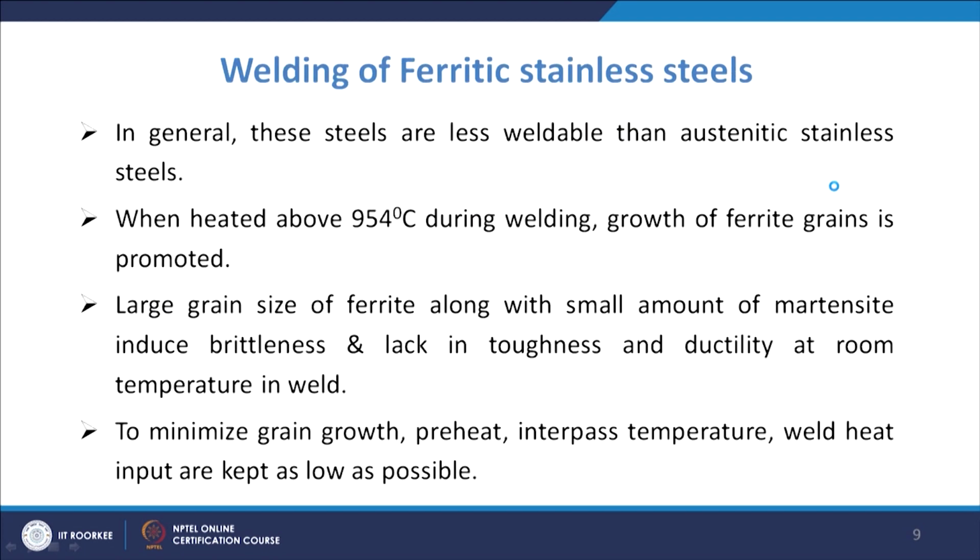Now, coming to the welding of the ferritic stainless steel, in general these steels are less weldable than the austenitic stainless steels. When they are heated above 954 degrees centigrade during welding, grain growth is very much a matter of concern in these kinds of materials. Here the growth of ferrite grains is promoted, and this larger grain size of the ferrite, along with a small amount of martensite formed because of the cooling conditions, will induce brittleness.